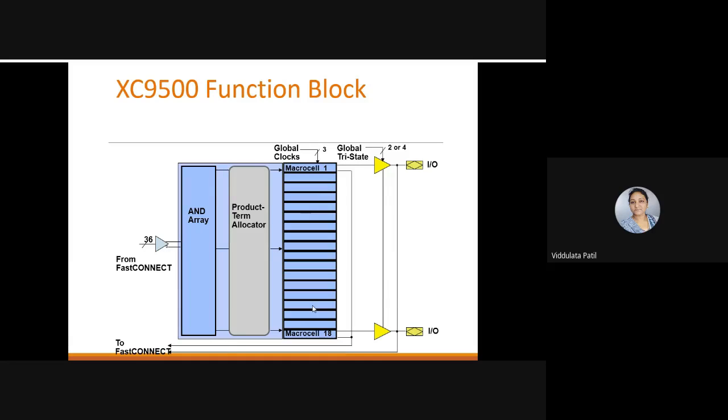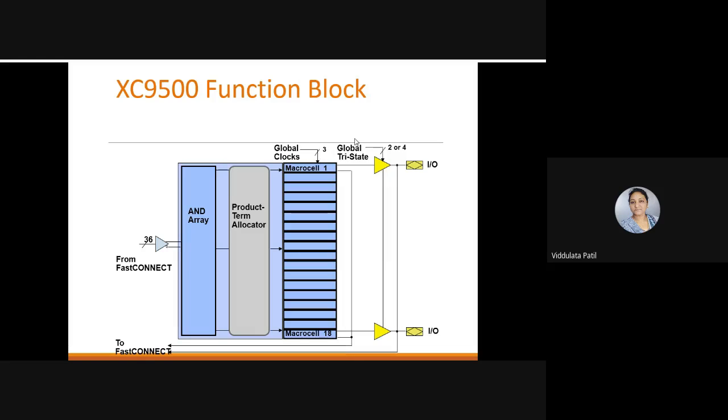As I said, this functional block of the XC9500 series has 18 macrocells, and this functional block receives global clocks, global tri-state, as well as set and reset signals.